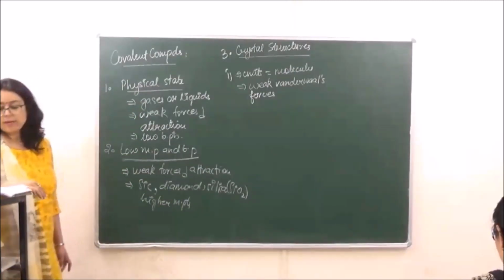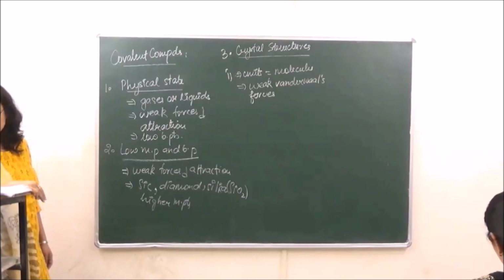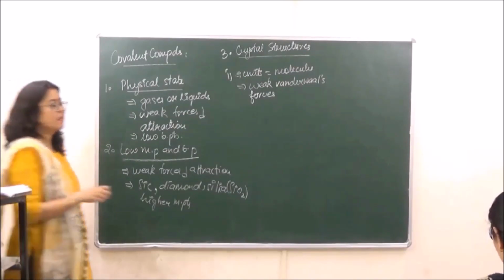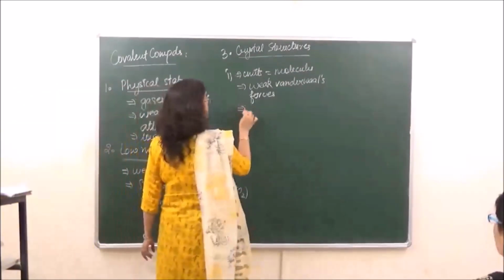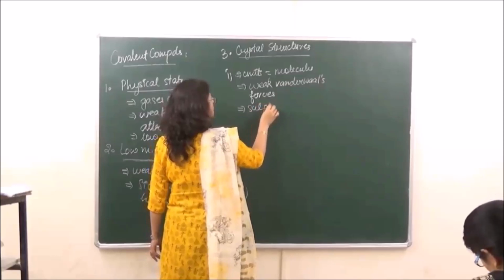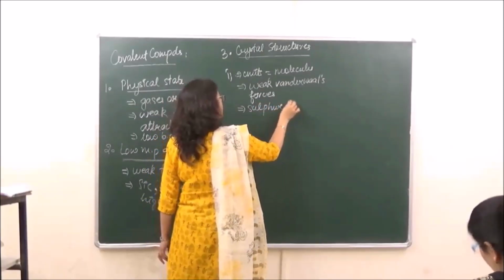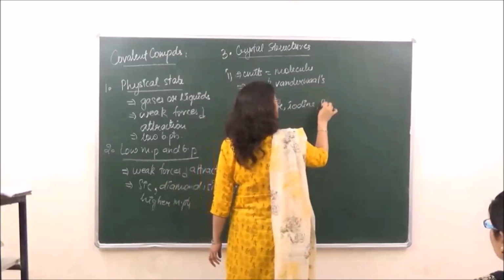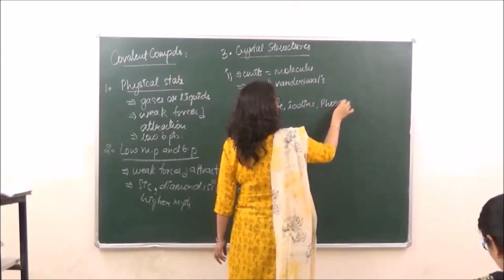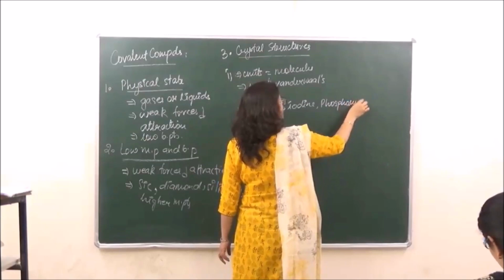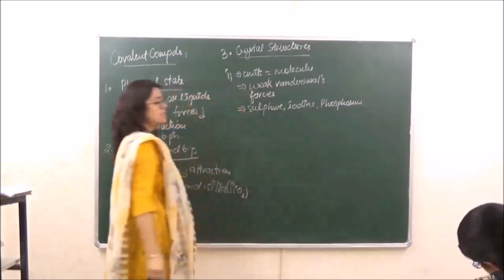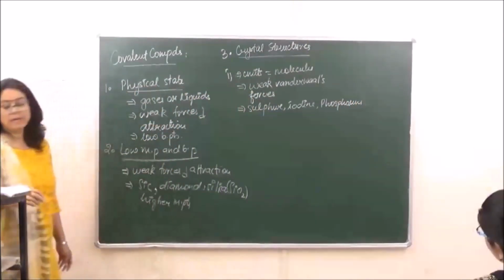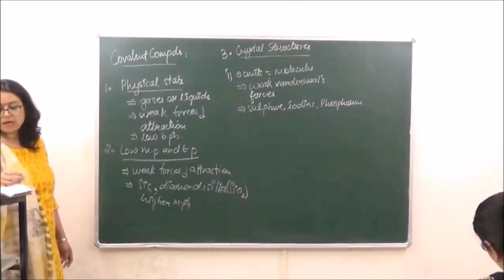Okay? Examples are sulfur, iodine, phosphorus, etc. These are a few examples of the first type of crystal structures.